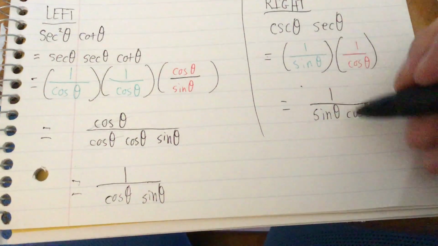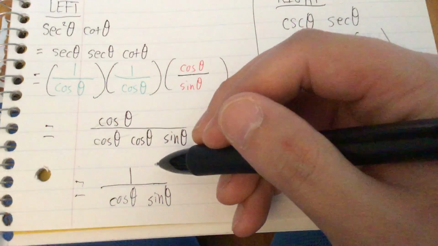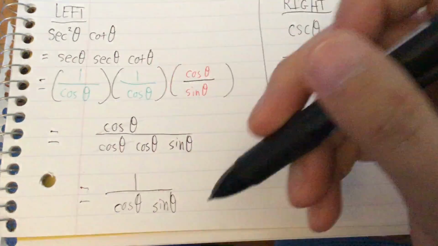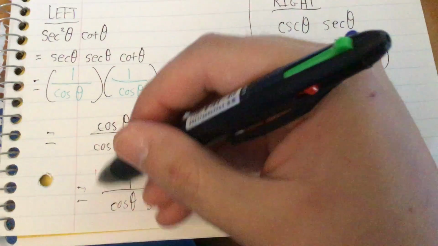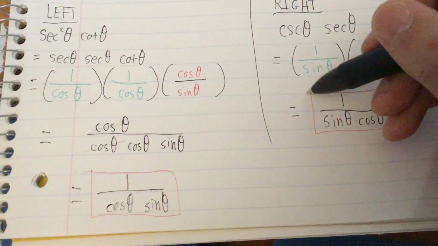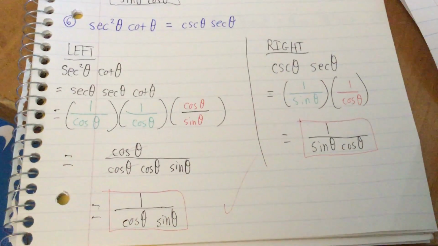I know that it says 1 over sine cosine on the bottom, 1 over sine times cosine, and the left side is 1 over cosine times sine. I'm not that hardcore. We know that multiplication is commutative. In other words, we can flip the numbers and we'll still get the same product. So this is a proof of how the left and the right are equal to each other.